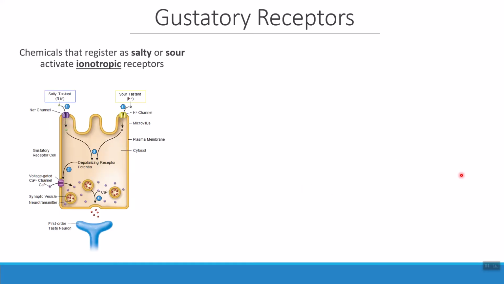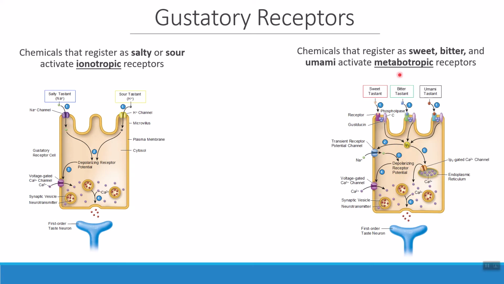So I mentioned for you that our gustatory receptors come in two varieties, either ionotropic receptors or metabotropic receptors. I do want you to know which taste sensations use which kinds of receptors. So if we have something that's salty or something that's sour, the kinds of receptors that those tastants will activate are ionotropic receptors.